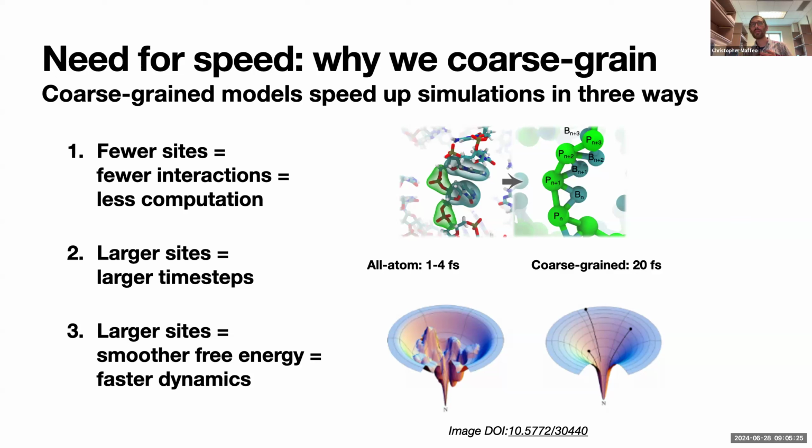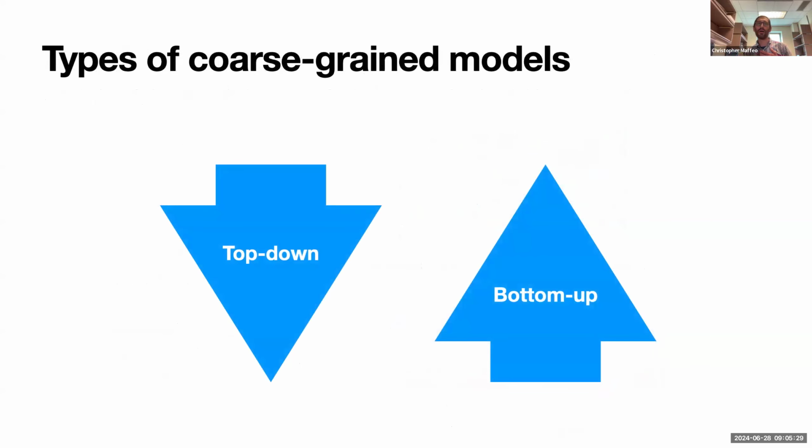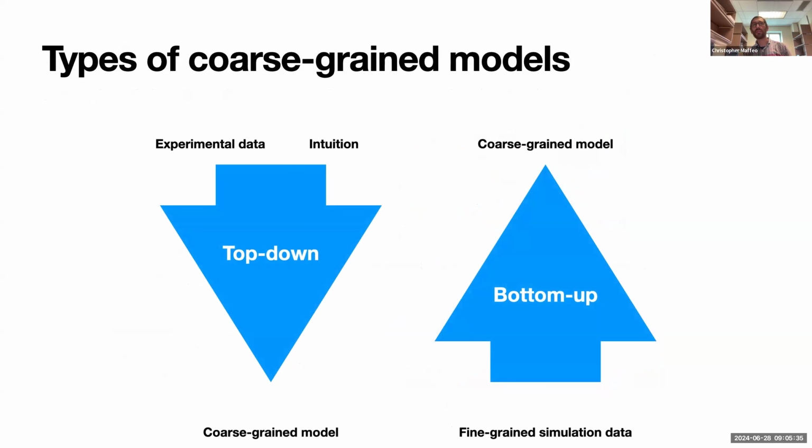So broadly, we can categorize coarse-grained models into two classes according to how they're constructed. One is top-down, the other is bottom-up. In a top-down model, you would typically take experimental data, maybe your own physical intuition, to construct a model. Whereas with a bottom-up model, you might start with a fine-grained simulation, an all-atom simulation, and construct a coarse-grained model from it.